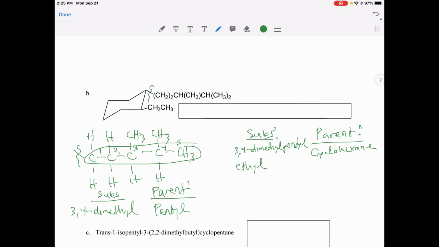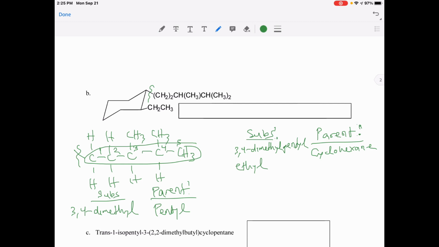Now the part of the question that we're dealing with is how we are going to order these substituents in our final name. I had mentioned earlier that we ignore the di, tri prefixes when we're considering name ordering, but there is a small caveat to that, and that is complex substituents. When we're dealing with complex substituents, we actually do take the prefixes into consideration.